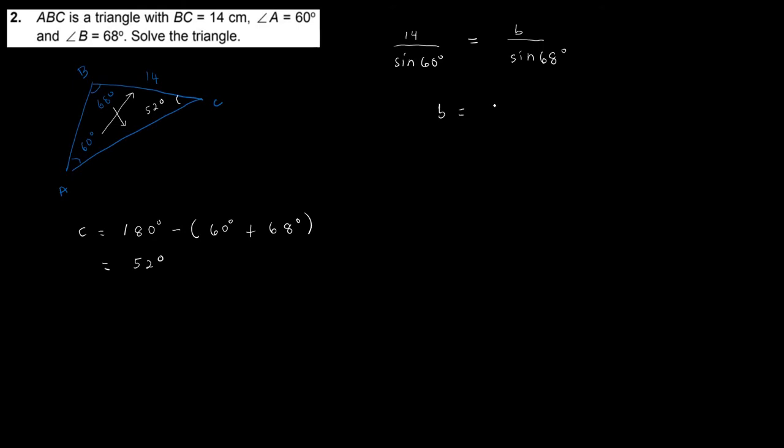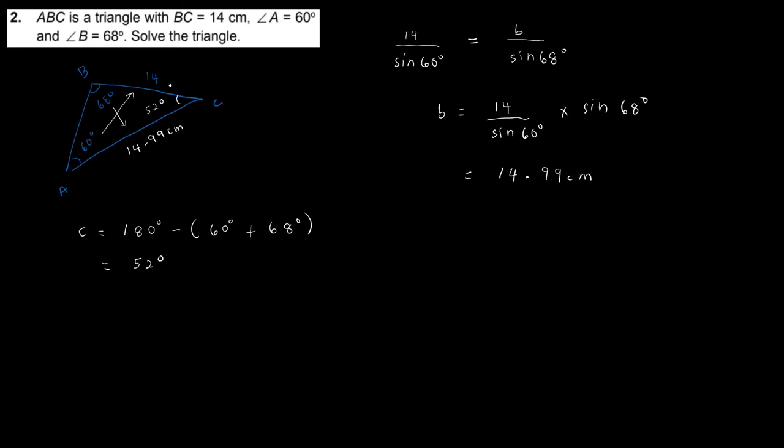So to find B, 14 over sine 60 degree multiplied by sine 68 degree. Okay, again, calculate very carefully. Make sure your calculator is in mode degree. You should get B equal 14.99 cm.